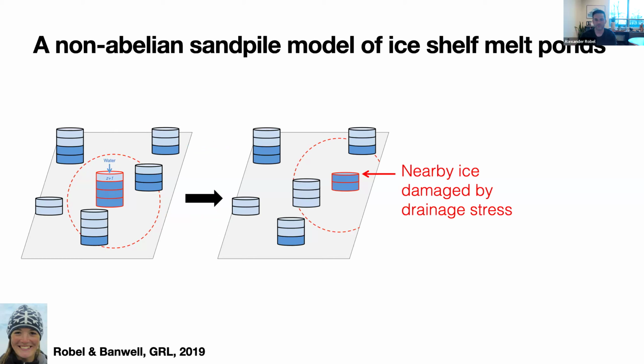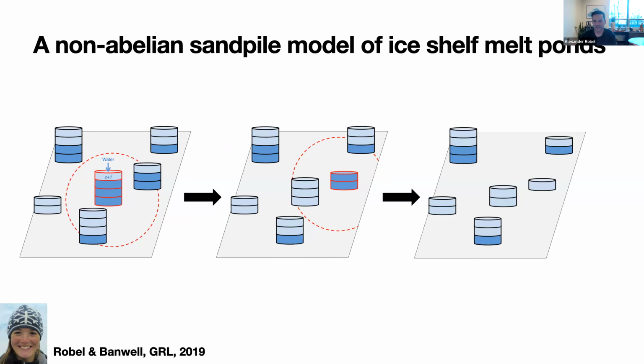When it lowers the threshold of that nearby pond, that pond is now at its own threshold, and then it fractures, and it leads to lower thresholds for other nearby ponds. So you can get what in the sand pile modeling community are called avalanches, and what we call in this paper hydrofracture cascades, that can lead to large amounts of fracture over a large area in a short period of time.